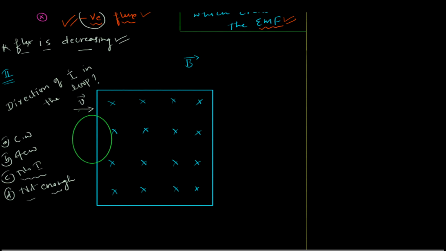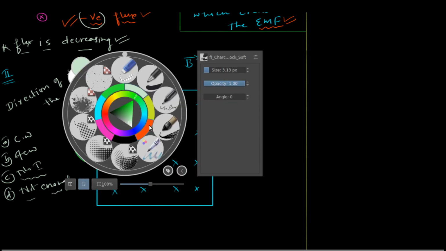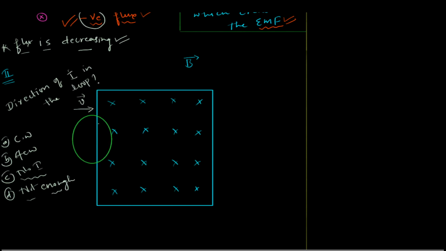All right, so if it is moving inside, I'm thinking right now, the very moment this snapshot is taken, when this much of area is inside, the magnetic flux at this instance would be magnetic field strength B into that area. Let's call the present area A1, into cos theta. Cos theta actually is 1 only, because the area is lying on the loop, so the area vector is perpendicular to the plane.